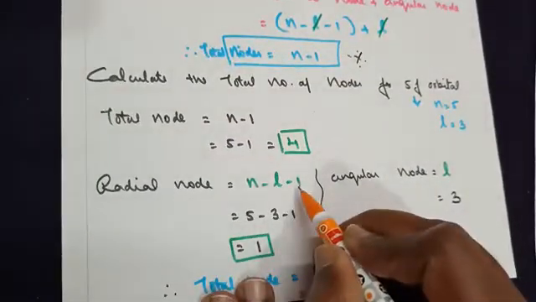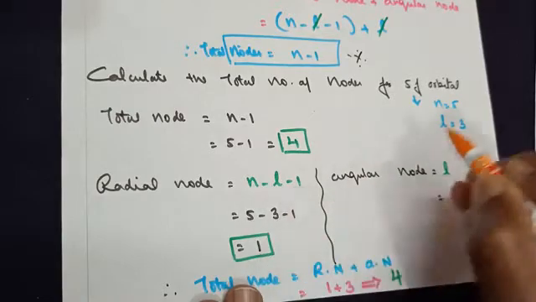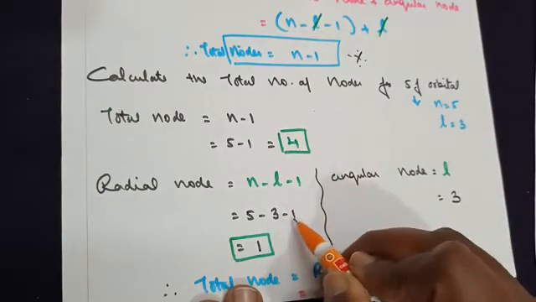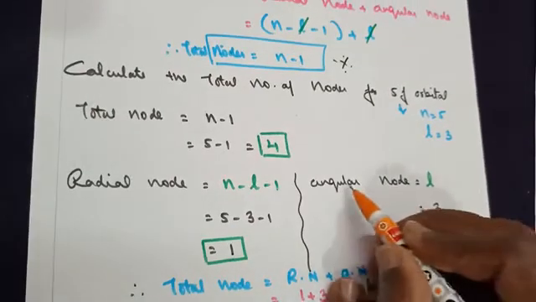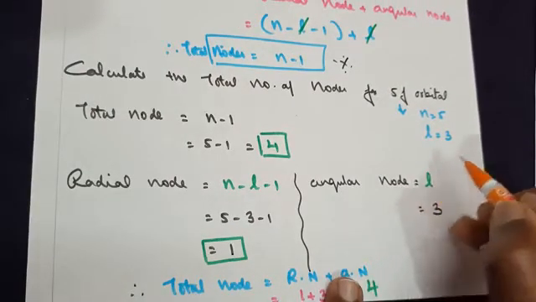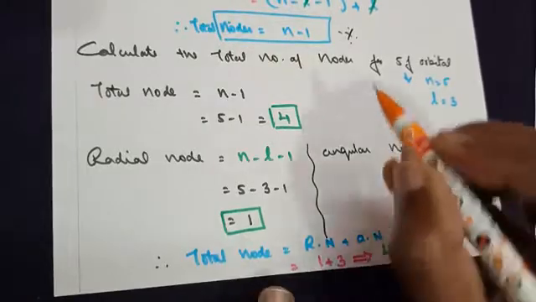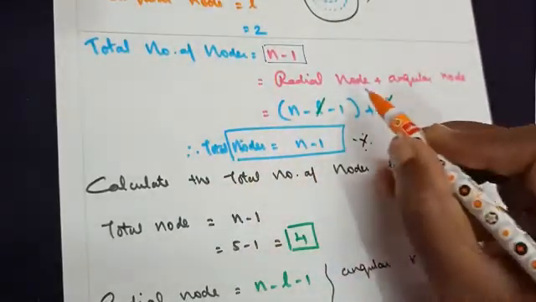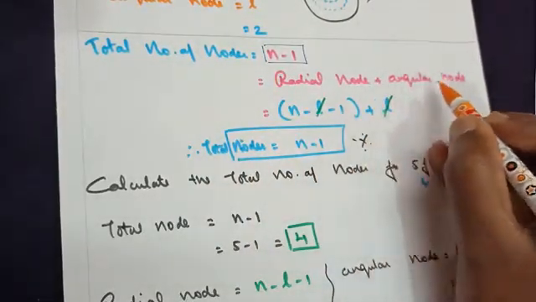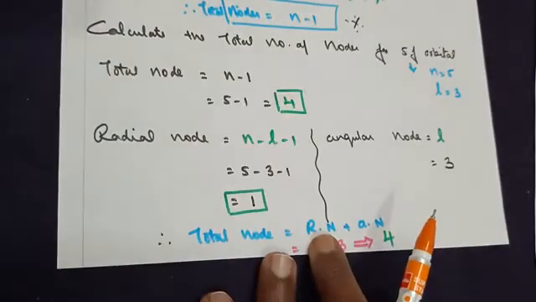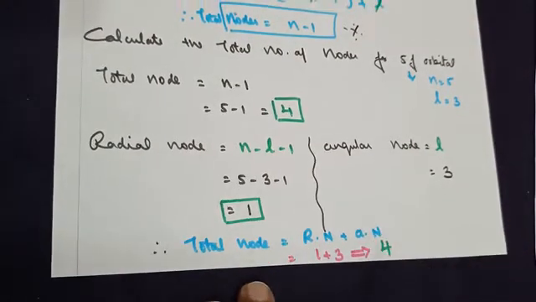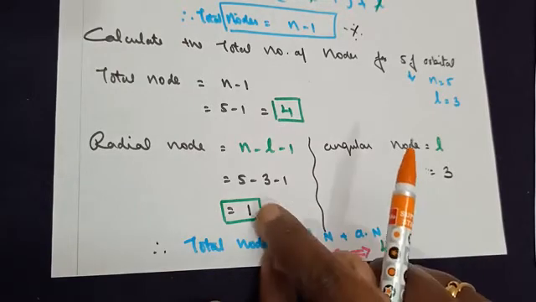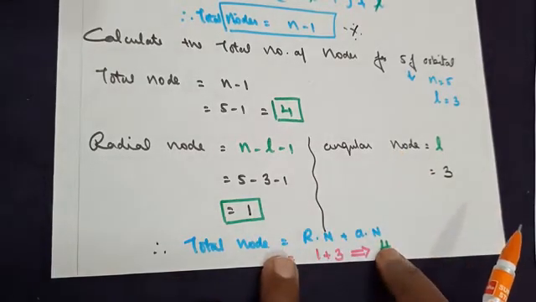So writing down the formula, n is equal to 5, L is equal to 3, minus 1, so 5 minus 3 minus 1, which is 5 minus 4, gives you 1 as the answer. Angular node is equal to L, and L is equal to 3. So for the total number of nodes, you add the radial node and the angular node. Rn stands for radial node and An for angular node. 1 plus 3 gives you 4 as the answer.